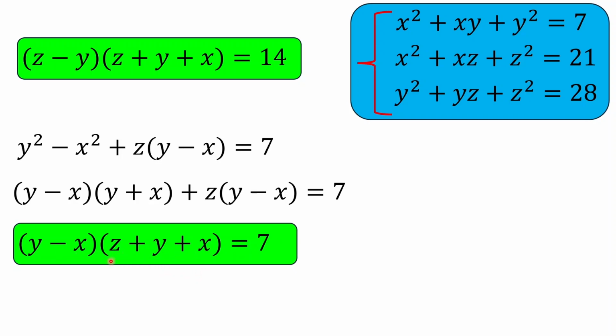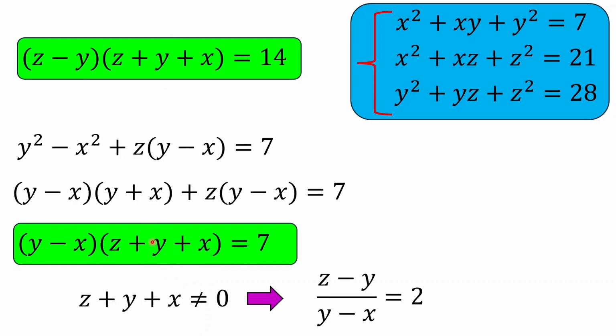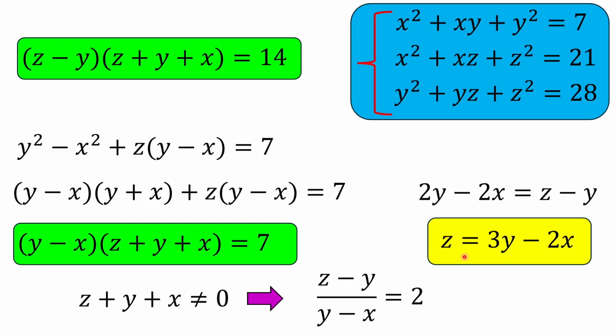Assuming that x plus y plus z is not 0, we can divide these two equations and get z minus y divided by y minus x is equal to 2. And we can multiply this one by 2. So 2y minus 2x is equal to z minus y. Z becomes 3y minus 2x.